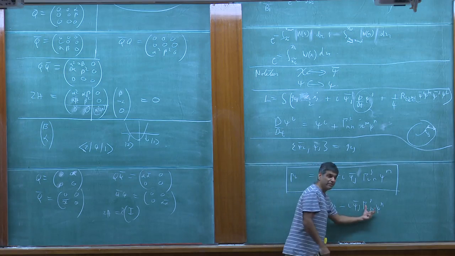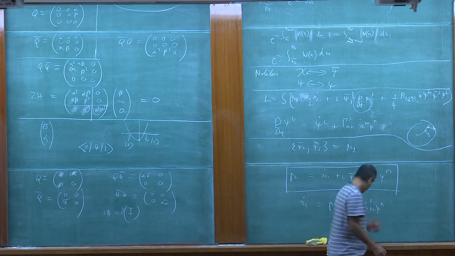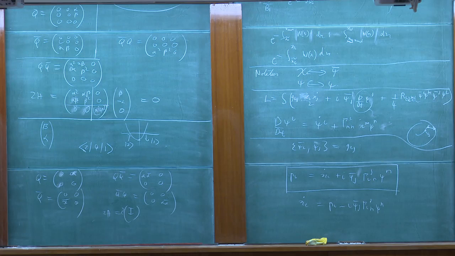But look at this now. You remember we're going to build up forms, where forms were built by creation operators, chis or psi bars, acting on the spin vacuum. If you want a p-form, you act with p psi bars on the spin vacuum.